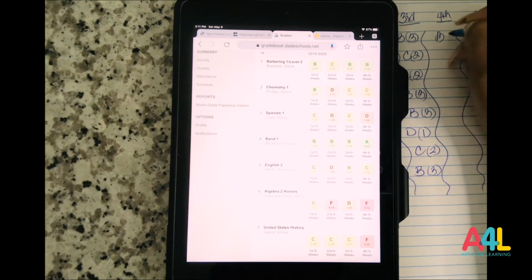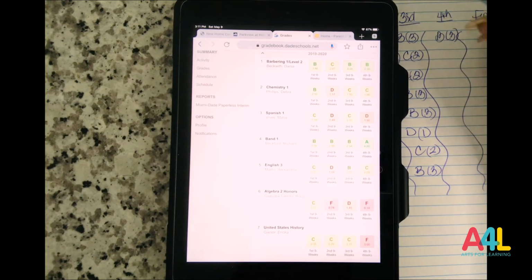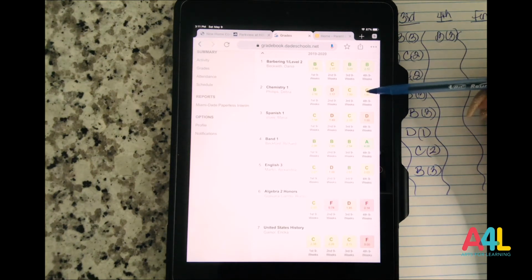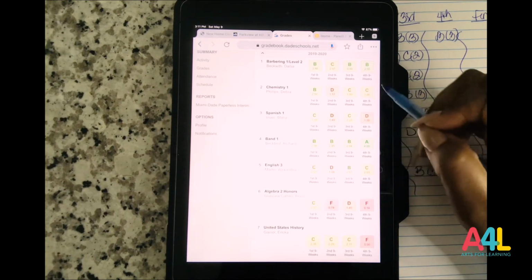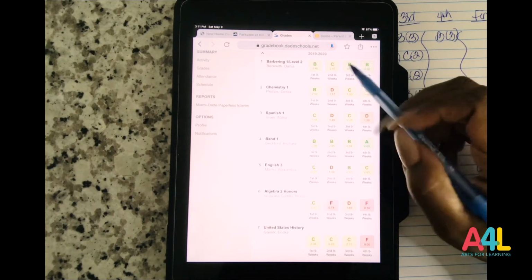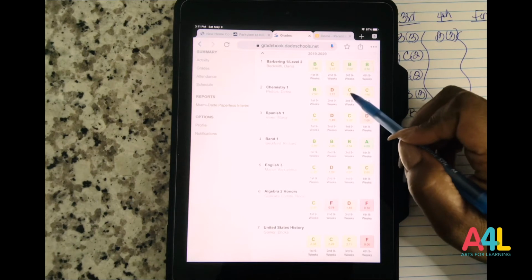So when I write B, I automatically put my points next to it. Here, this student got a C. For the chemistry, it's a 1.96. That's a very, very low C. However, stuff can happen, right? And so if you notice too, the 1.96 for the fourth 9 weeks is higher than the C in the third.